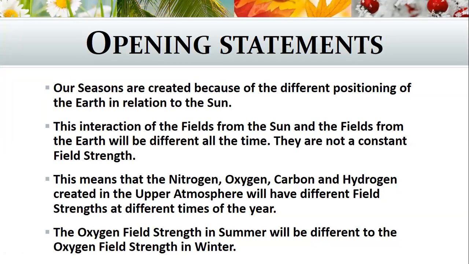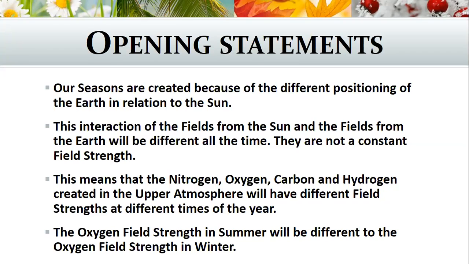So our seasons are created because of the different positionings of the earth in relation to the sun. That's in terms of the tilt of the earth and the different positioning between that and the sun. This interaction of the fields from the sun and fields from the earth will be different all the time, so it's not a constant field strength.